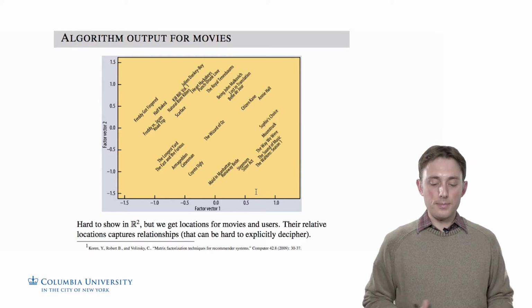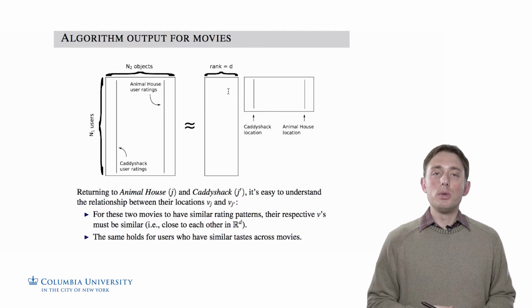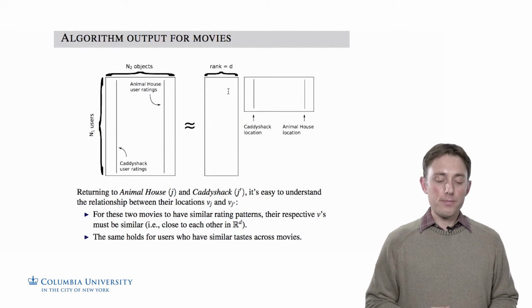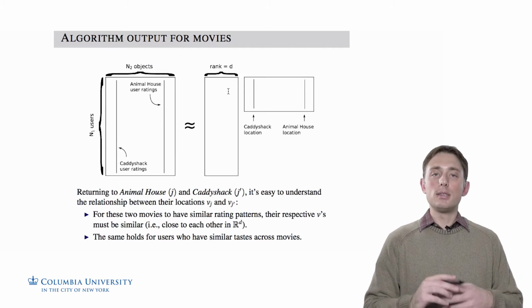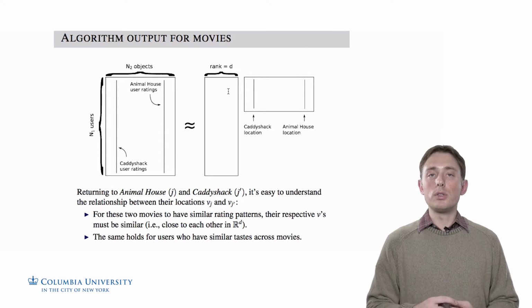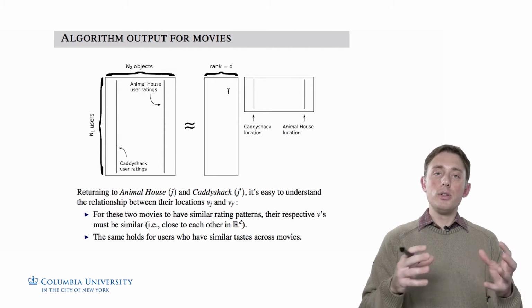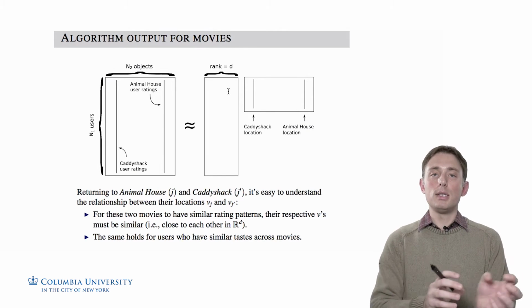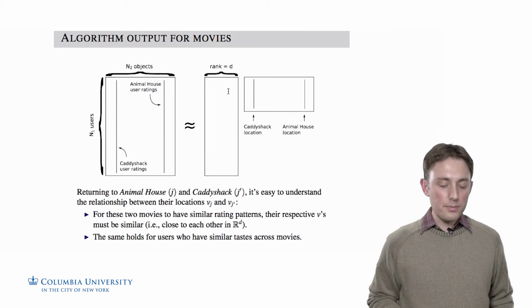Now if we return to the original example that I showed, it's easy to understand why this latent space embedding of users and objects should end up being interpretable, where proximities between things will be meaningful.